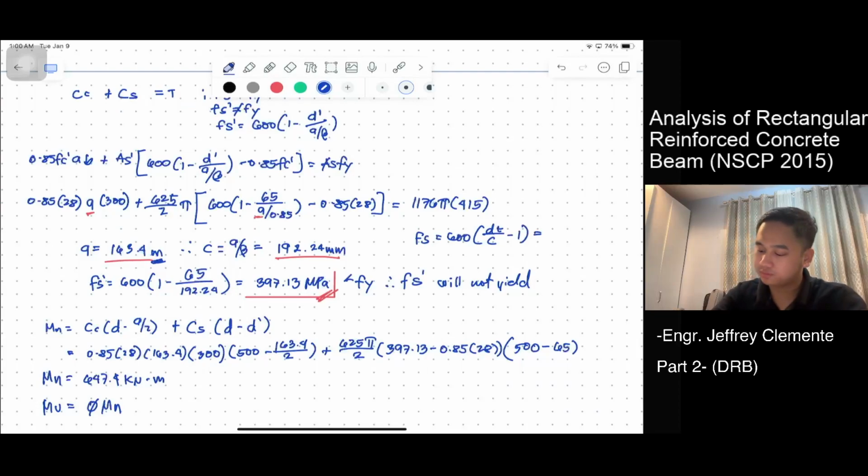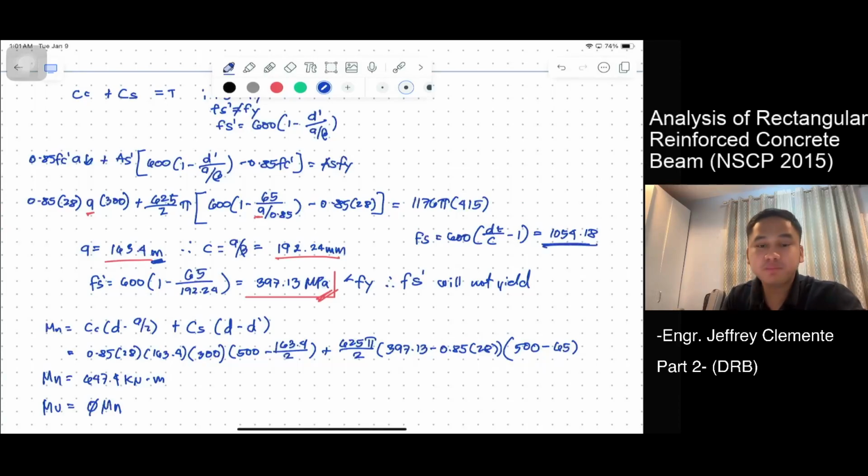The answer is what? So, let's say muna na hindi natin alam. dt is 530 over 192.24 minus 1. So, the answer is 1,054.18. So, this is the actual Fs.